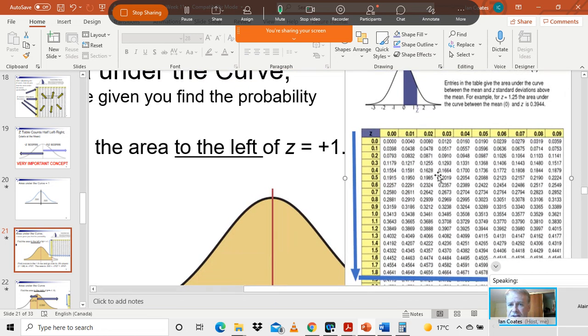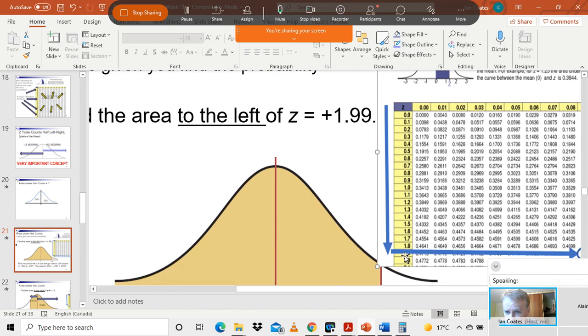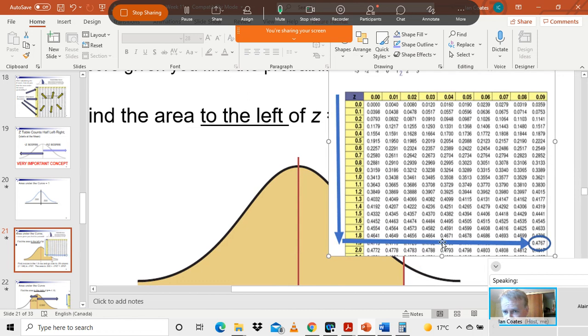So what you do is 1.99, right? You go down 1. Okay, so there's 1.9. All right, and sorry, it is actually the number there. And so what we get here is a value of 0.4767.